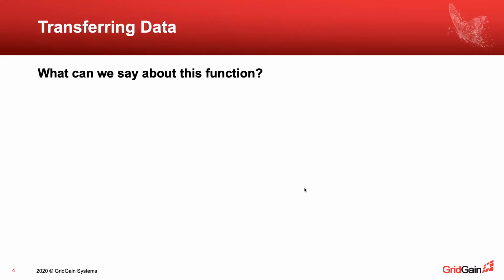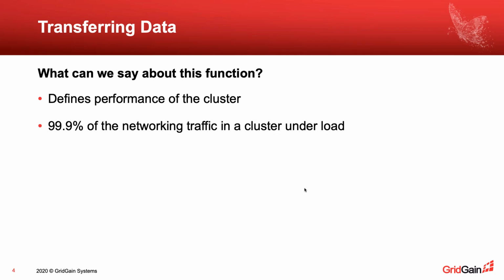So what can we say about transferring data in a distributed cluster? So obviously, this is what defines the performance of our system. The system is only as performant as its network and its networking protocols.